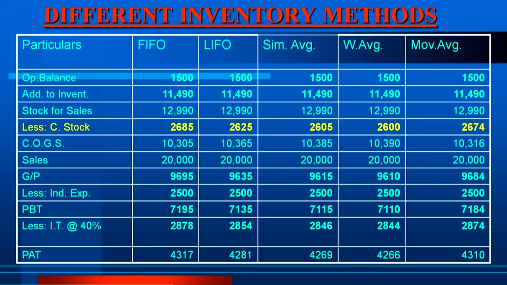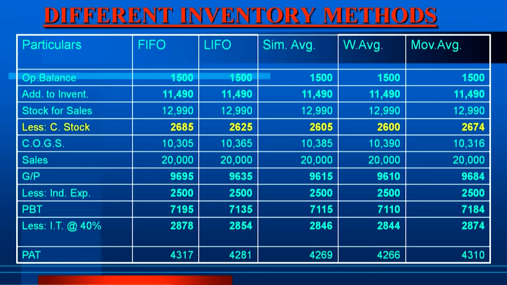So when you talk about the valuation or the price of the stock shown in the profit and loss account, not the balance sheet, you see the valuation of the material or the inventory: we have the opening balance of the material, then we add to the inventory, and the stock available for sales is given. This is 12,990, less closing stock.